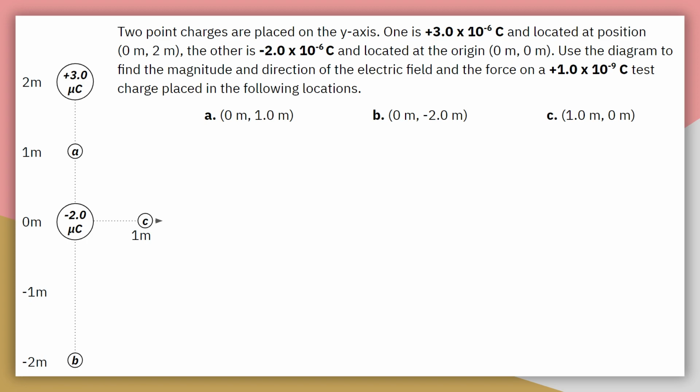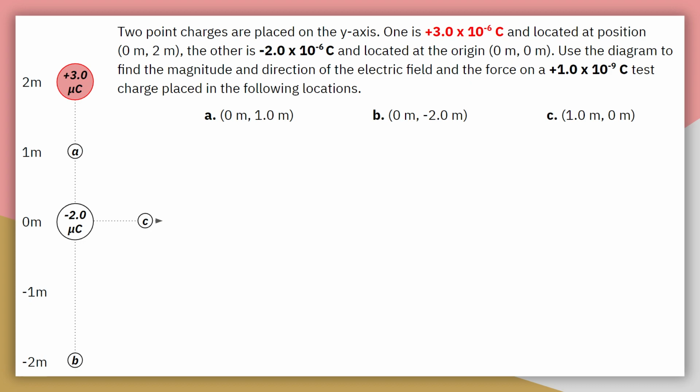Other things I recommend doing, just to make it a bit more clear what's happening, is use color coordination. By convention, a positive charge is typically going to be associated with a red color. So I highlighted the positive 3.0 times 10 to the negative 6 coulomb charge in the problem, and I shaded in the point charge.